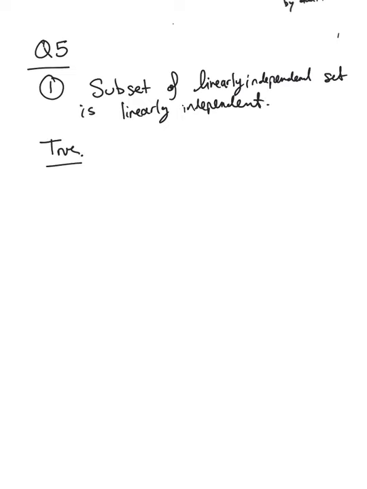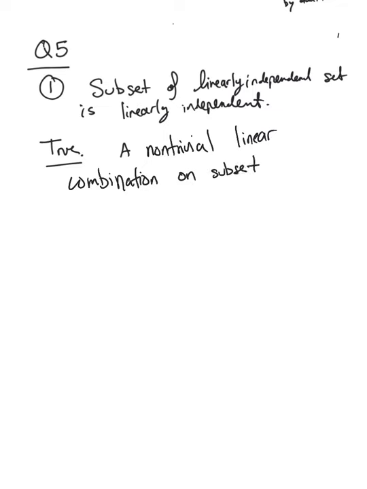Okay, and the proof or the reason is that a trivial linear combination on the subset, or of vectors in the subset, extends to a non-trivial linear combination on the whole set.